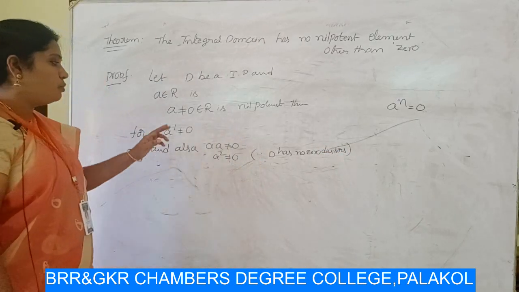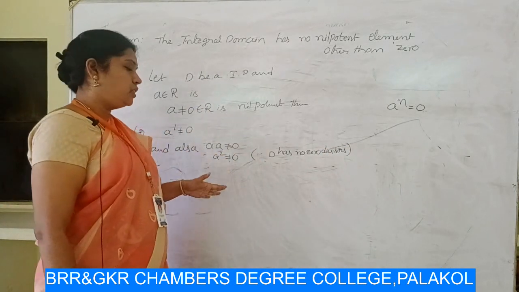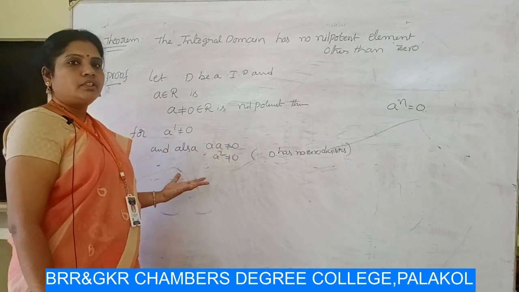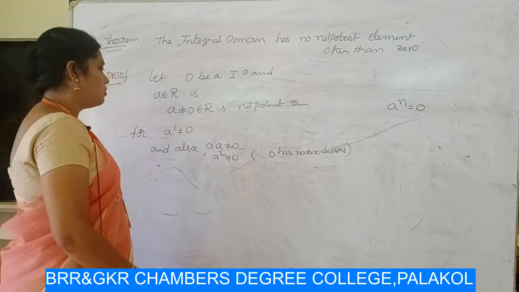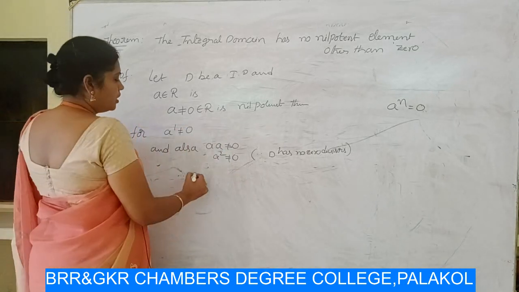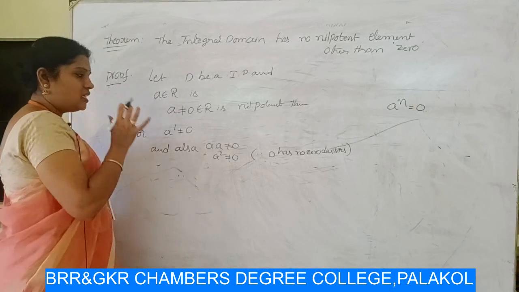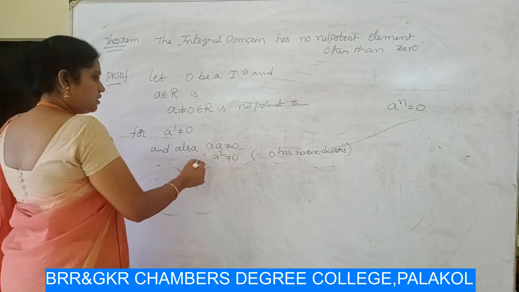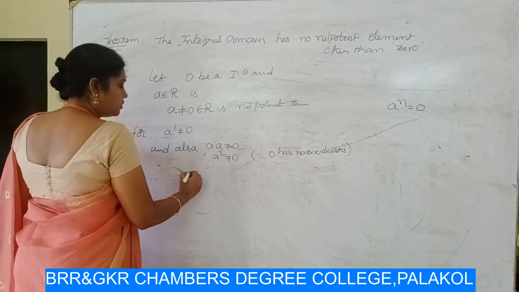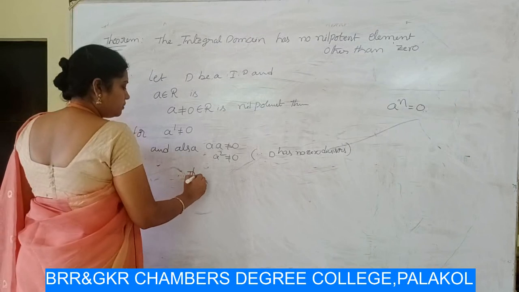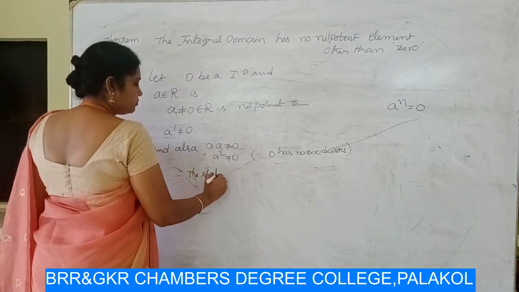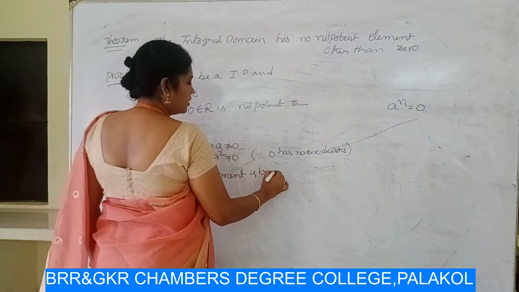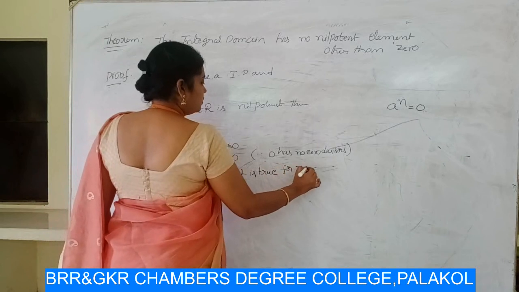That means if we have two non-zero elements, then their product is also not equal to 0. Here A is not equal to 0 and B is not equal to 0, so their product is also not equal to 0. So A squared is not equal to 0. Therefore A is not a nilpotent element, because it does not satisfy the condition A power n is equal to 0. So the statement is true for n equal to 1, 2.